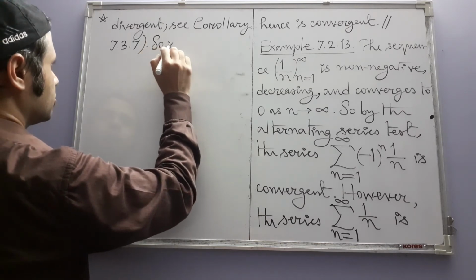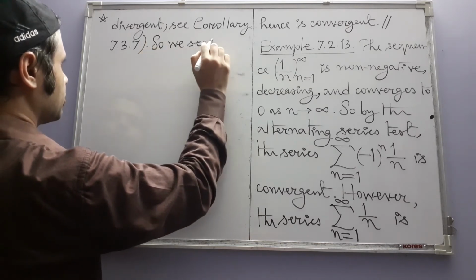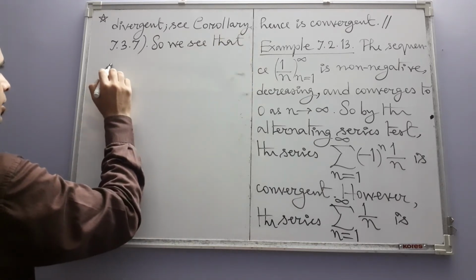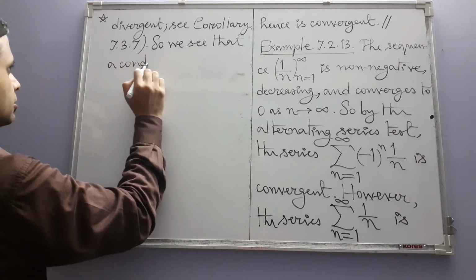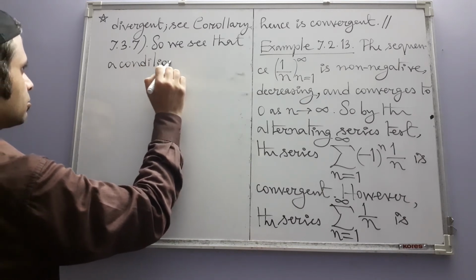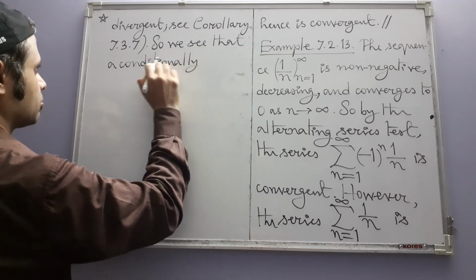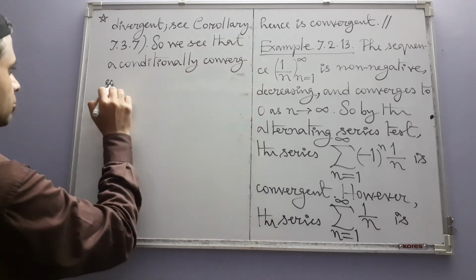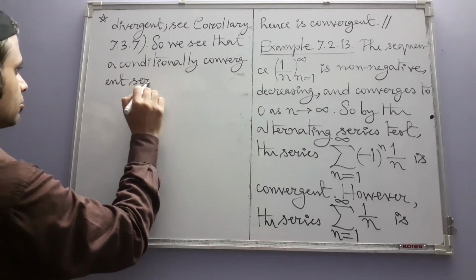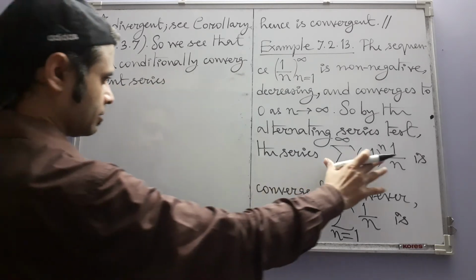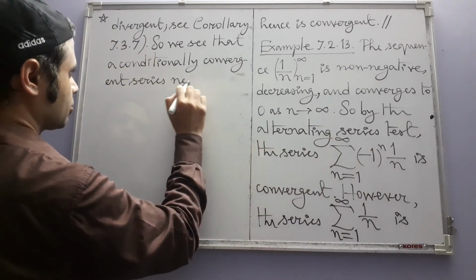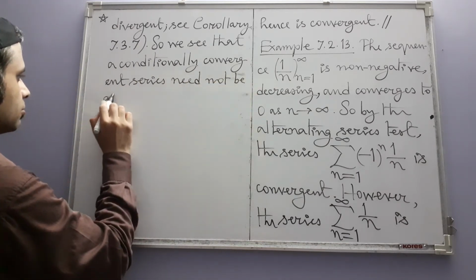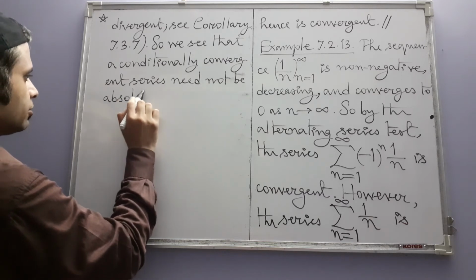So we see that a conditionally convergent series like this one need not be absolutely convergent.